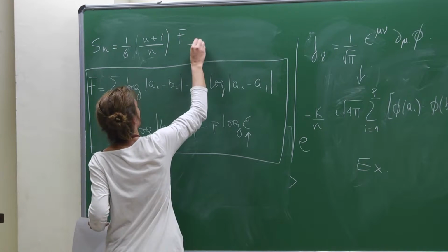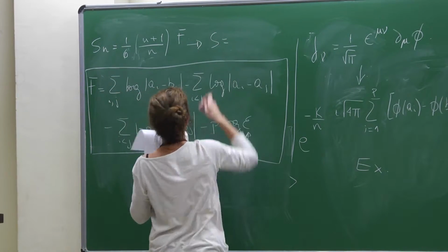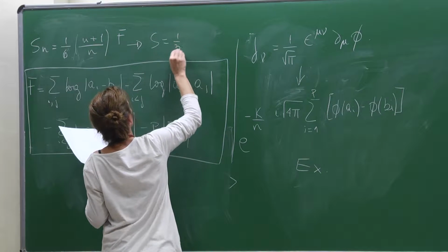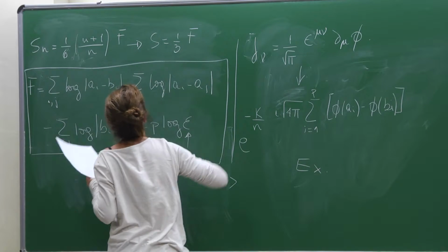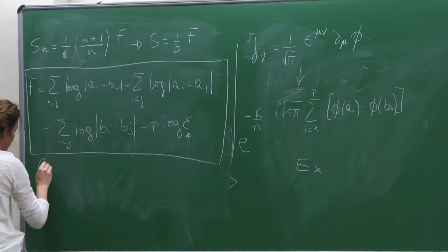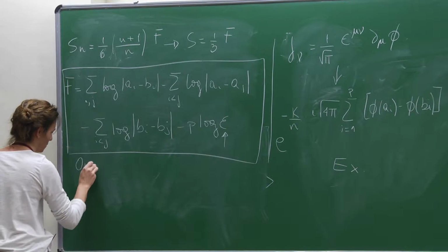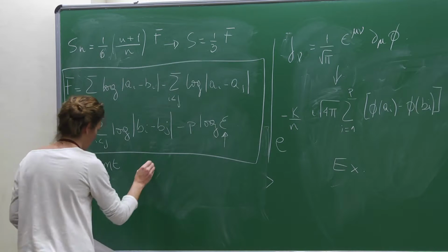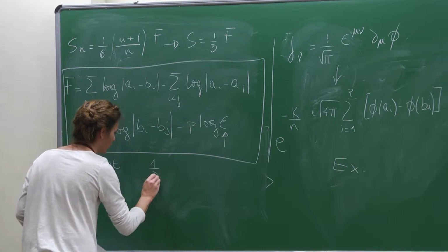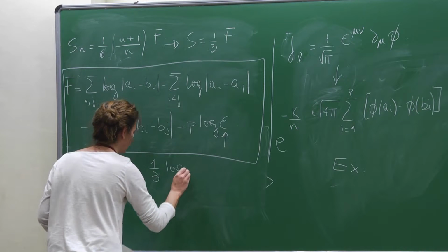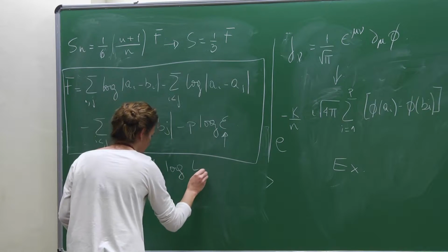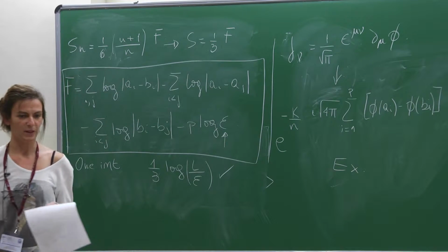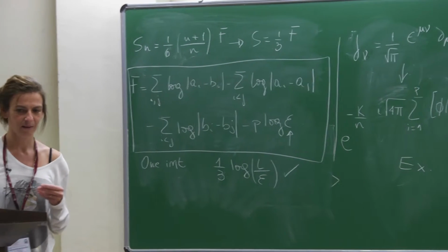Well, of course, from here you have that S is just 1/3 of this function, and for one interval, the answer is just 1/3 log of L over epsilon, which is what you know from the very beginning, okay?